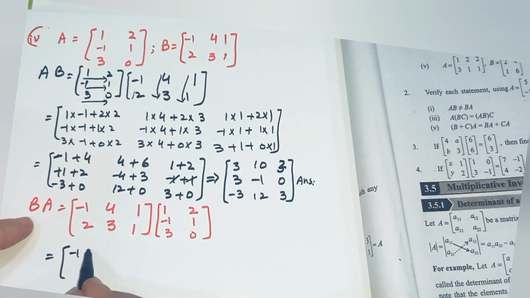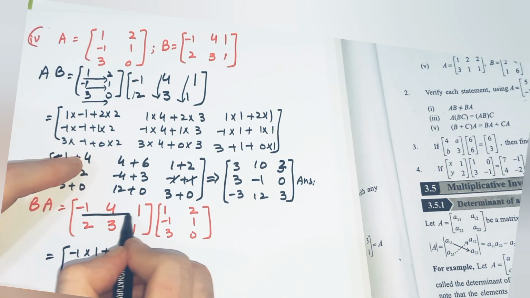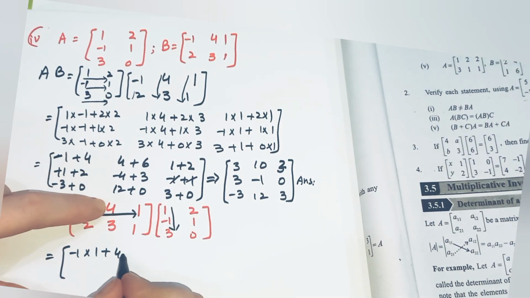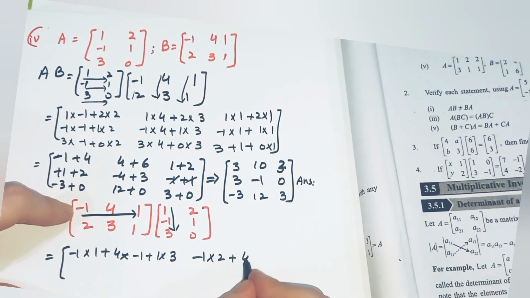Minus 1, 1, 4, sorry, first row into first column: 4 multiply minus 1 plus 1 multiply by 3. All right, minus 1 multiply by 2, 4 multiply by 1, 1 multiply by 0.